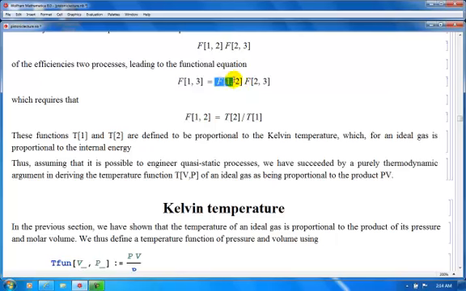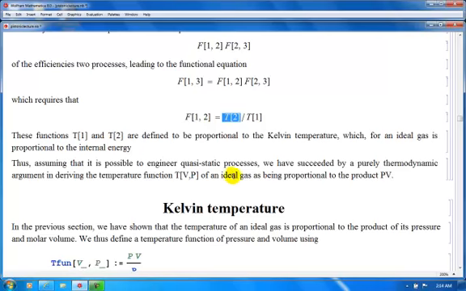And this is what's called a functional equation, and it requires that F12 be some function of the endpoints. And these functions T1 and T2, which are equal to P1 V1 and P2 V2, are defined to be the Kelvin temperature of the two states, which for an ideal gas is proportional to its internal energy.